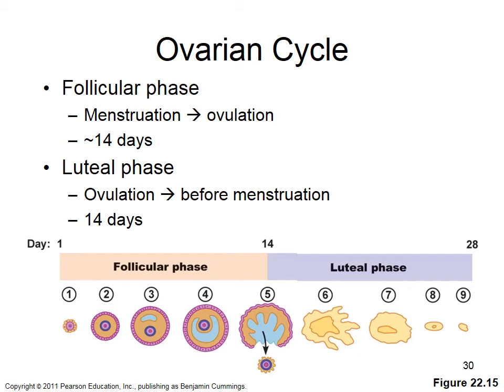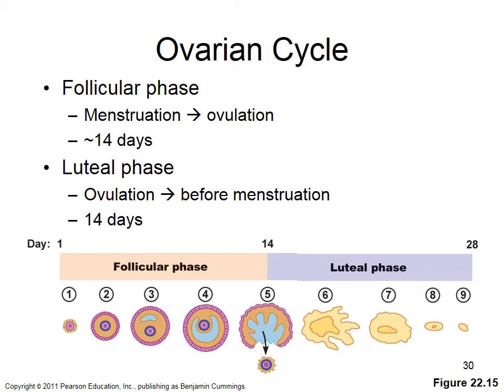What's happening in the ovary at the time is, during the follicular phase, we get the development of the Graafian follicle, and then that secondary oocyte gets ovulated. The remaining granulosa cells and theca cells turn into what's called the corpus luteum.